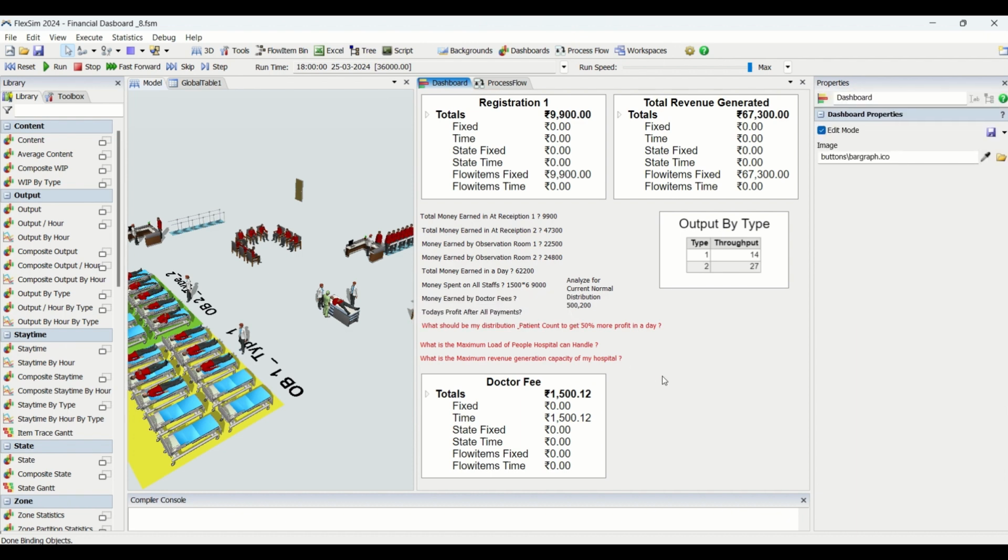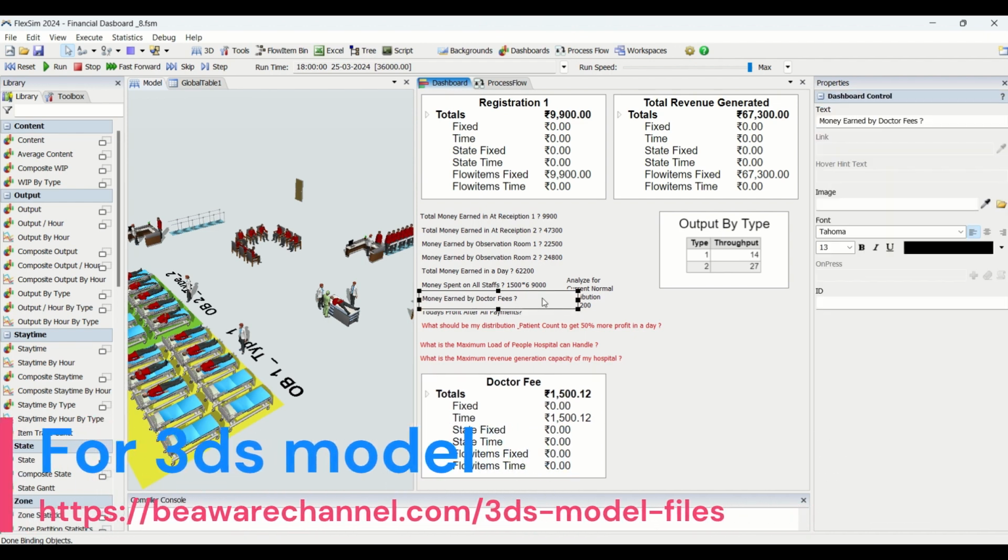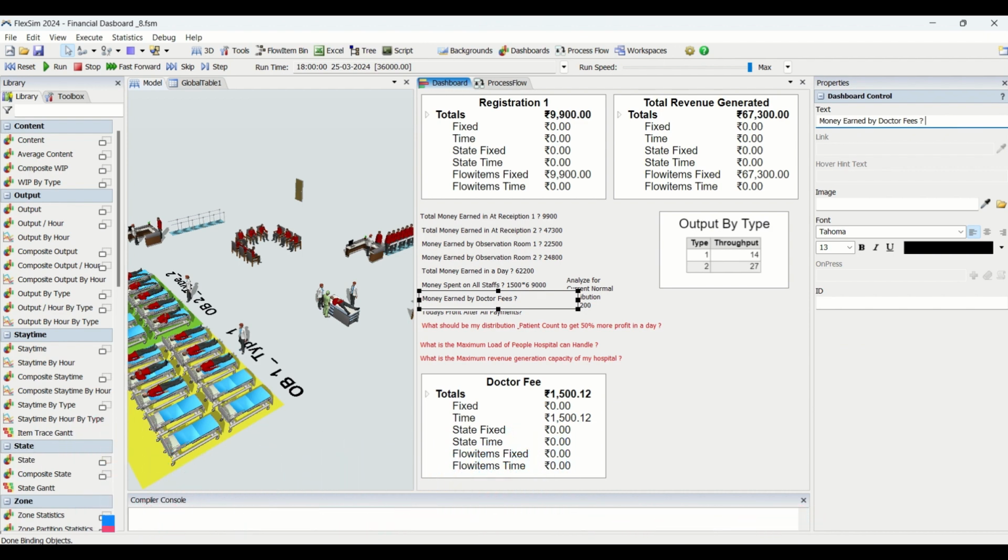But when there are a lot of deductions to be considered in a single earning, and we need a single picture with all deductions, incomes and revenue generated to be understood, that is where financial dashboards help us a lot. So we have got an answer to this question: the doctor has earned a fee of 1500 rupees.